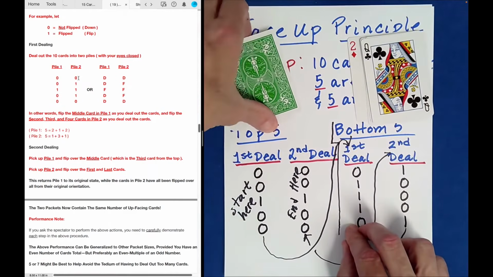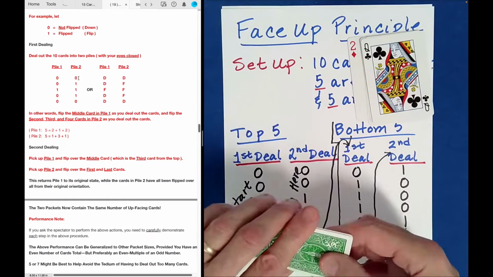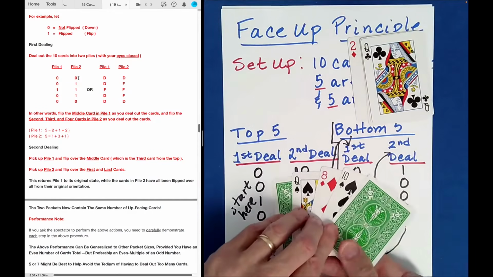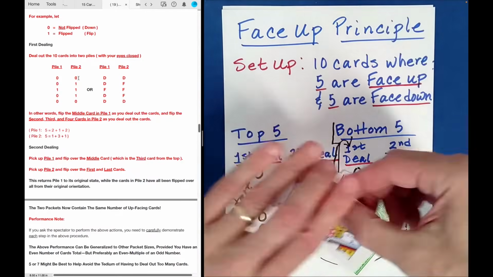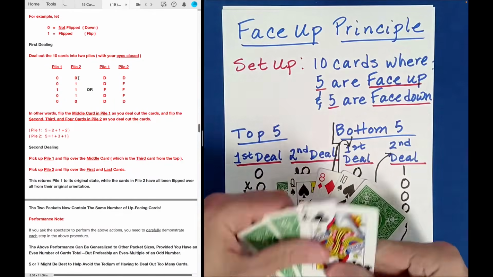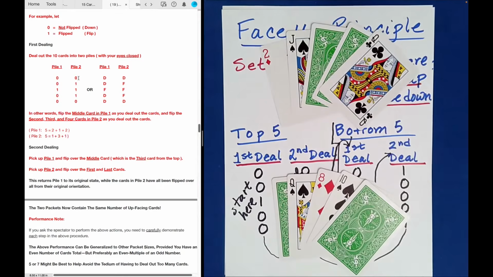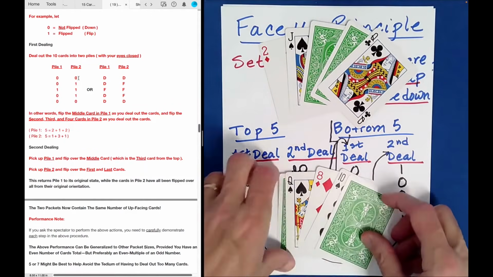It is guaranteed to be the case that the number of face-up cards in this little packet of 5 has to match the number of face-up cards in this little packet of 5. Okay? So it may look complicated, but it's actually not too bad.